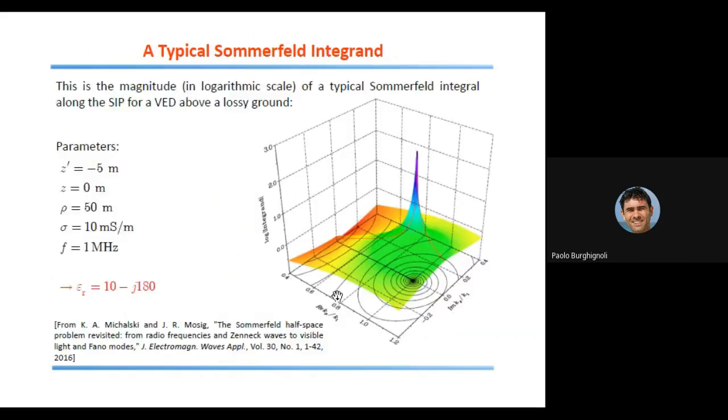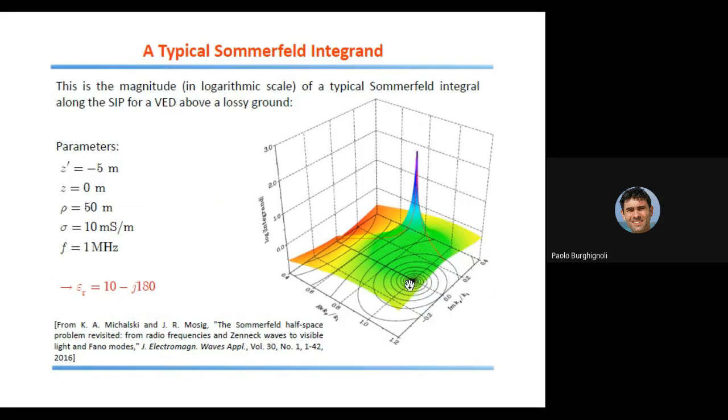Here you can see, to give you an idea of the effect of the Sommerfeld pole on the integrand, a graphical representation of the absolute value of the integrand as a function of the complex variable k rho. Here you have the real part normalized with respect to K1, and there you have the imaginary part, again normalized with respect to K1.